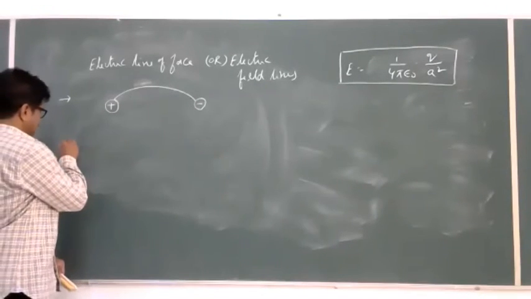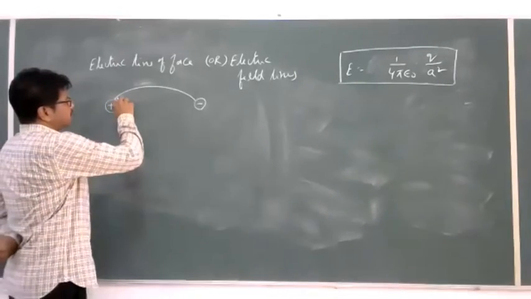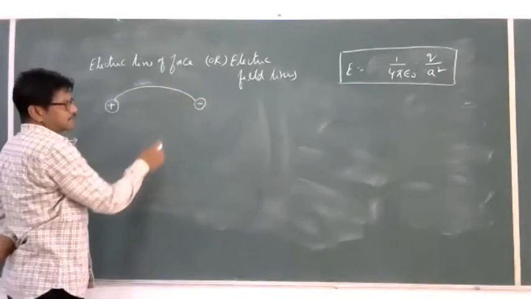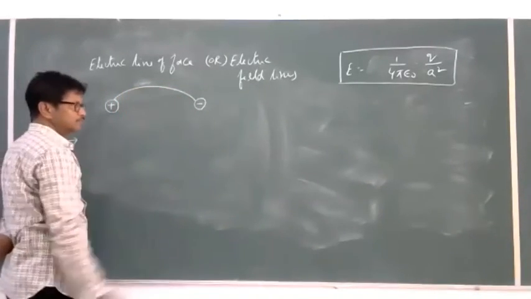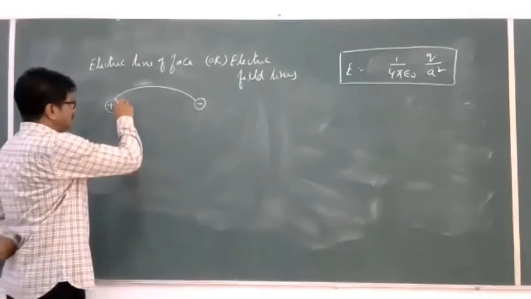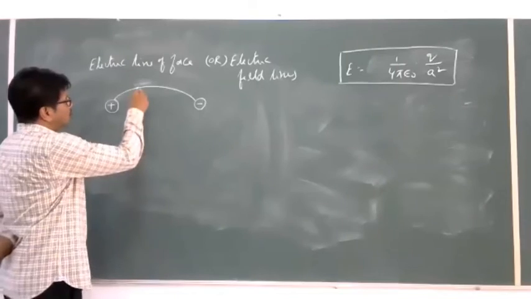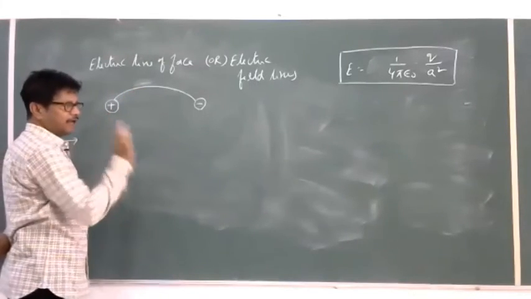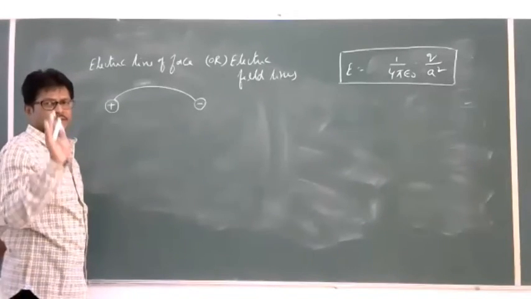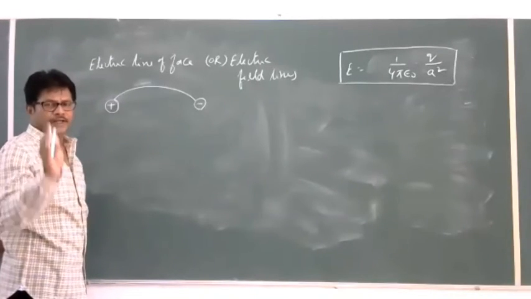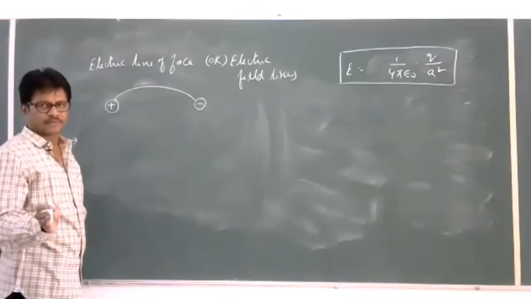Next case. So what I am saying, it is an imaginary line in which a unit positive charge is supposed to be moved. So here there is an electric field now. If you want to get the direction of electric field, as we know, in a curved path, in a circular path, whenever you want to get the direction of a particle, what will we do?